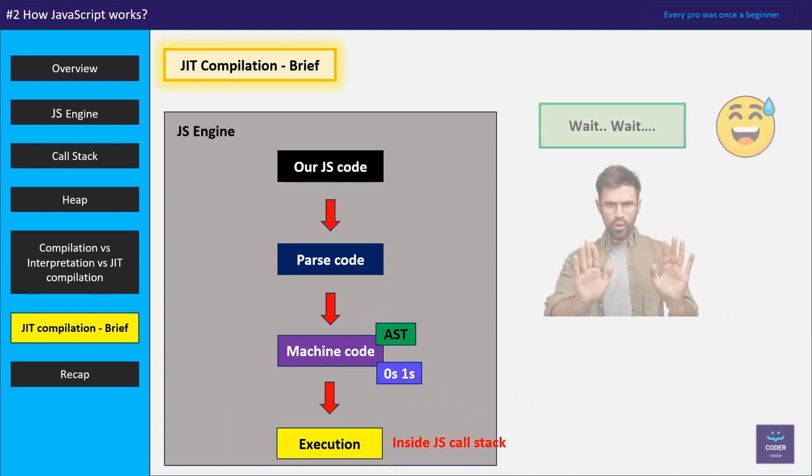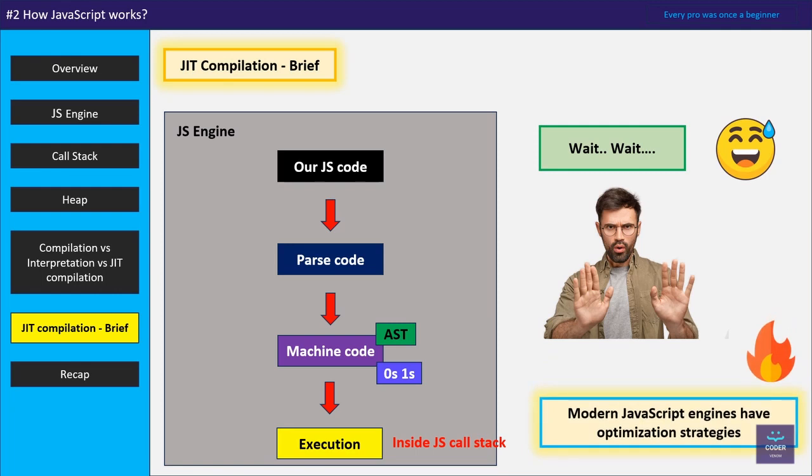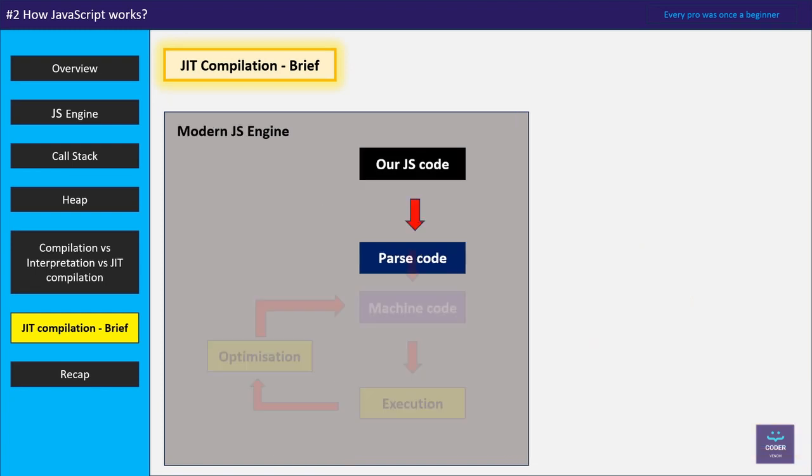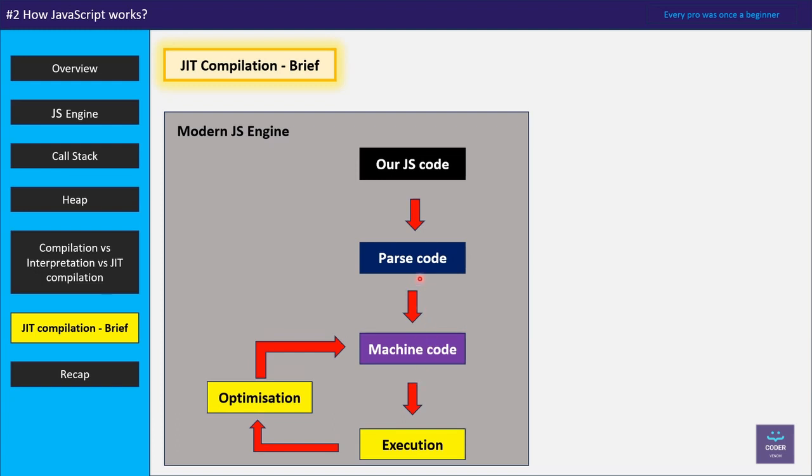If you think this is final, it is not, because modern JavaScript engines have optimization strategies for improving performance. For example, here you can see that in a modern JavaScript engine, our parsed code is roughly compiled, roughly converted into machine code, and then executed immediately. The roughly compiled code will execute, so we can see the output very fast.